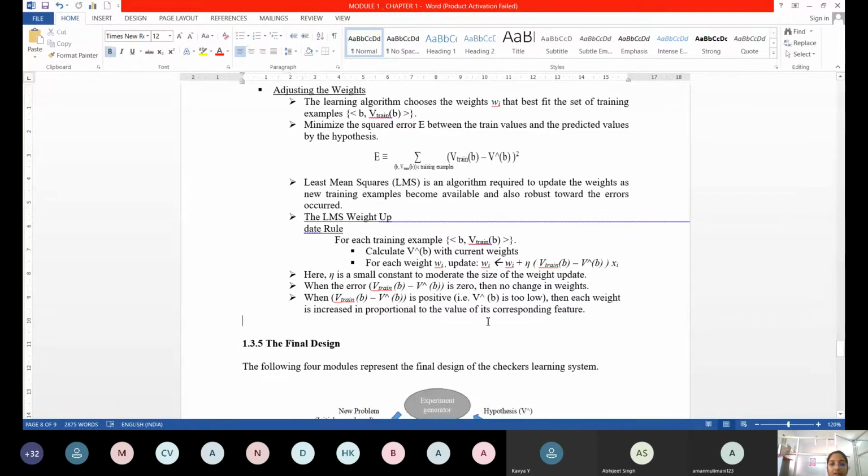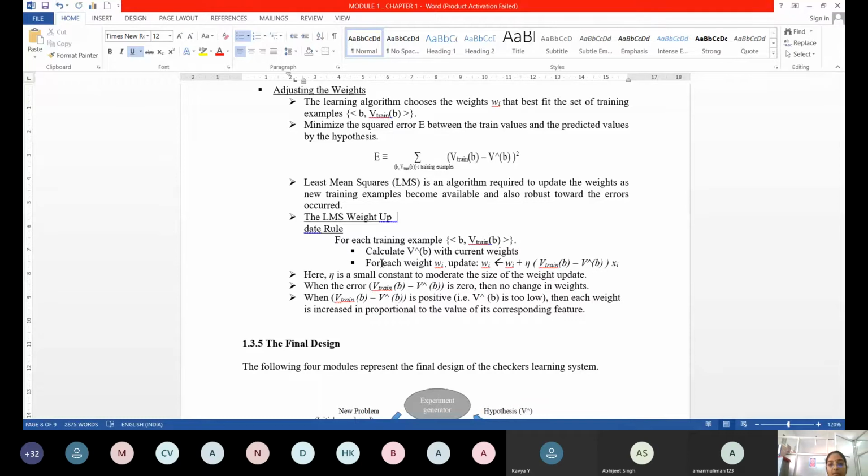Your weight updation is dependent on this LMS rule, least mean square weight update rule. For every training example, I have to consider the weight updation.